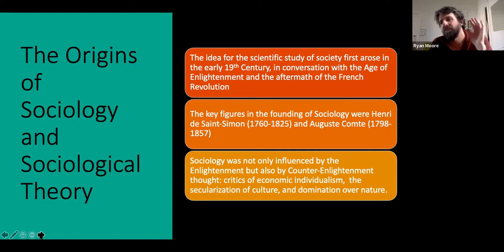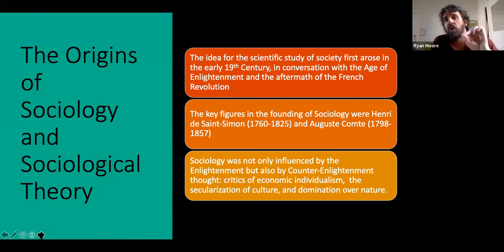And it's Comte who is usually thought of as the person that first put sociology on the menu as an academic discipline where you could use these scientific methods to study society and social dynamics.